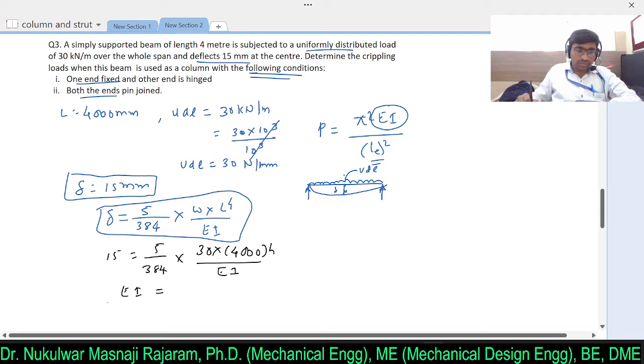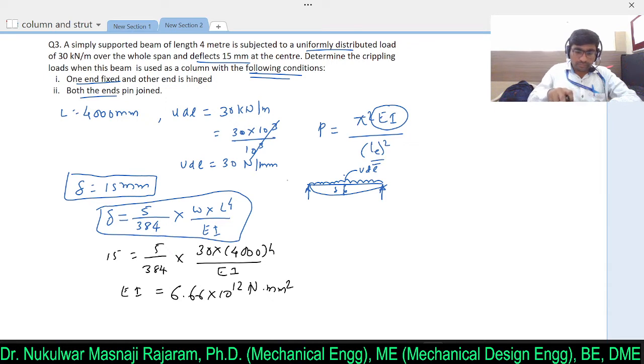Just check it once because it is showing 6.66 into 10 raised to 12 Newton into mm square. Clear? I will just recheck again.